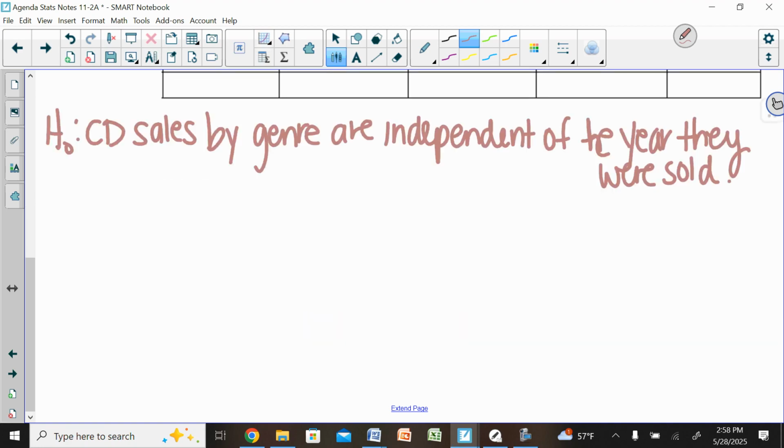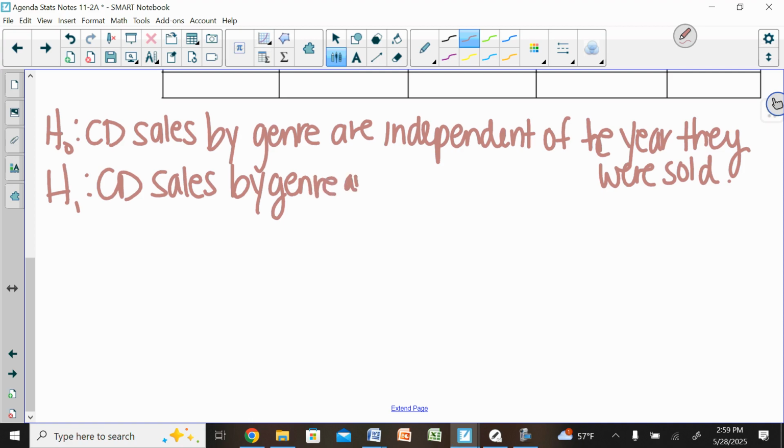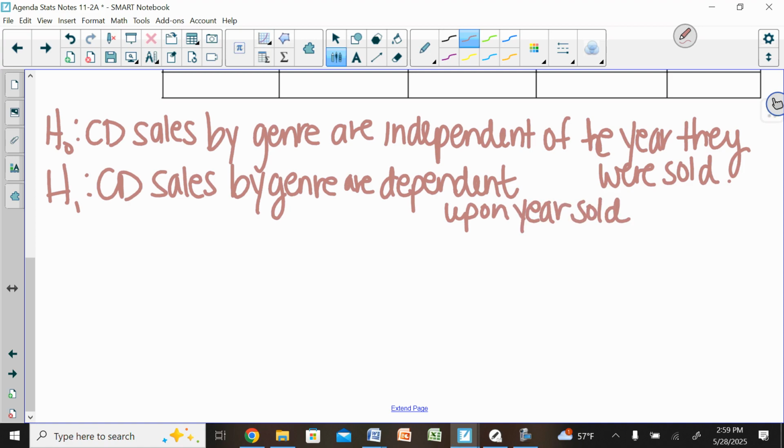So for my H sub 1, CD sales by genre are dependent upon the year sold. So a specific year might be a specific genre, dependent upon the year sold. So independent is always our H sub O.